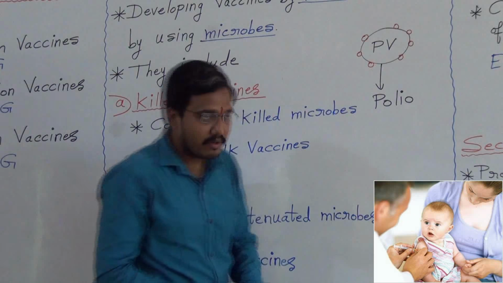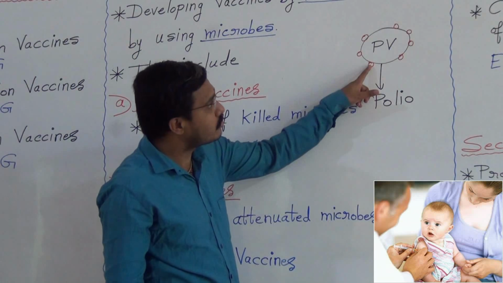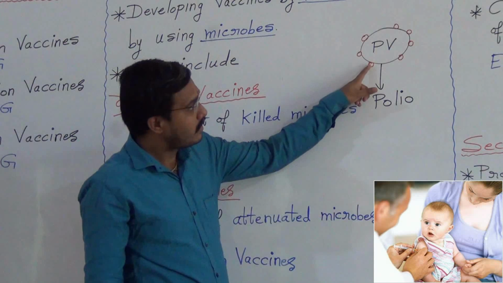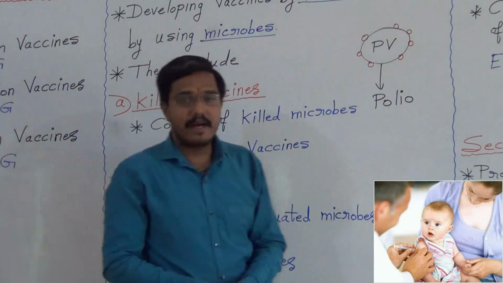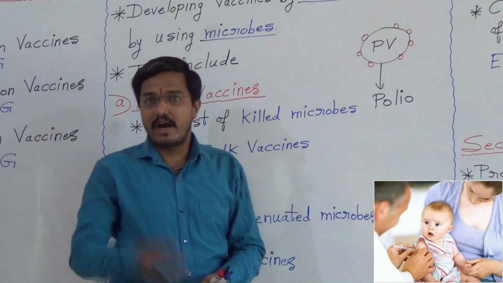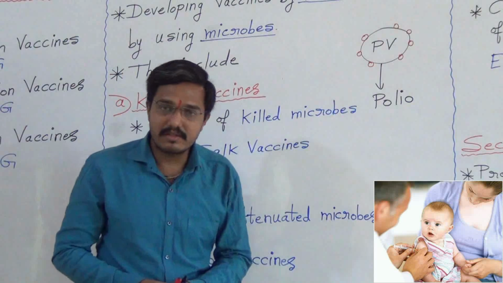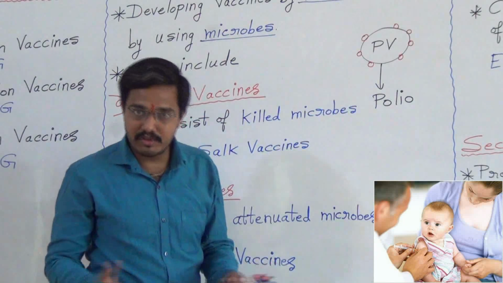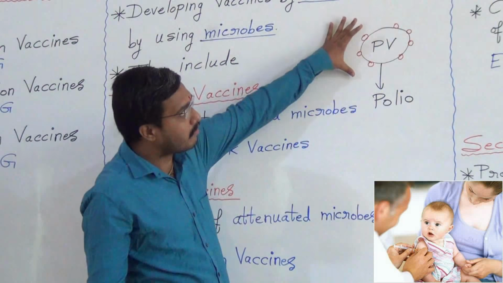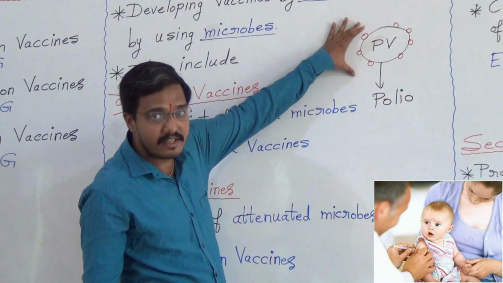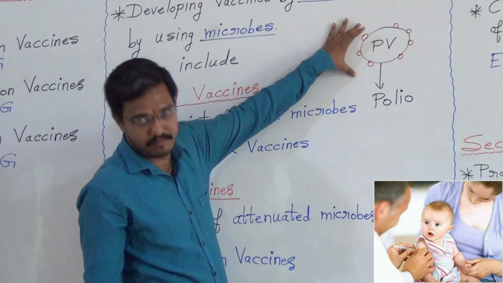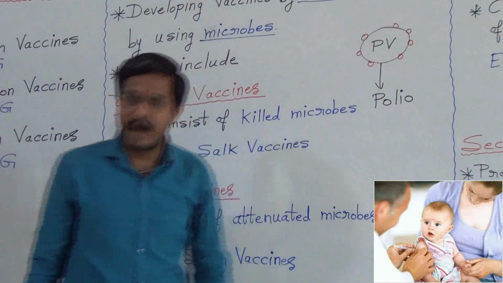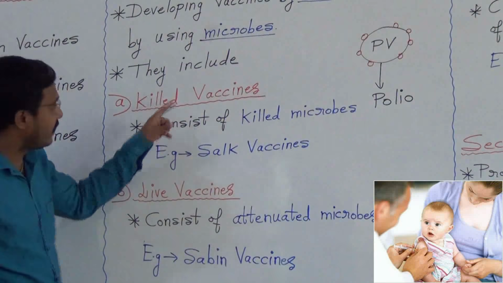So these proteins should not be deactivated while killing. That's why, when I told you about antigens, I said that antigens have two properties, antigenicity and immunogenicity. The first property, antigenicity, should not be lost. Only then can it be used as a vaccine. Therefore, the first one is killed vaccine.